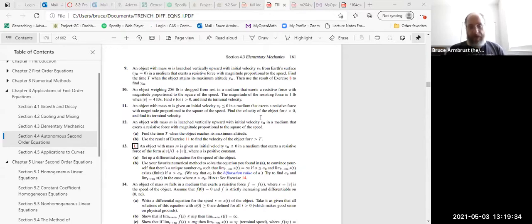Find v, and then find the terminal velocity of this object. Okay, so let me just write down the important information here. All right, so let's go to Whiteboard.